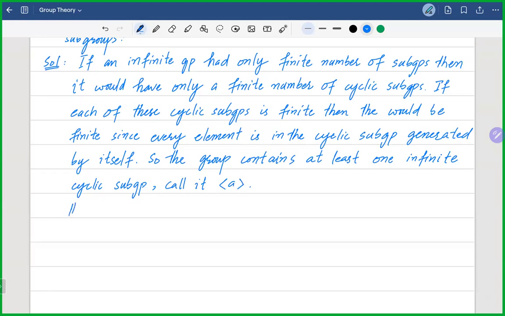Then the subgroups generated by a squared, a cubed, are distinct subgroups.